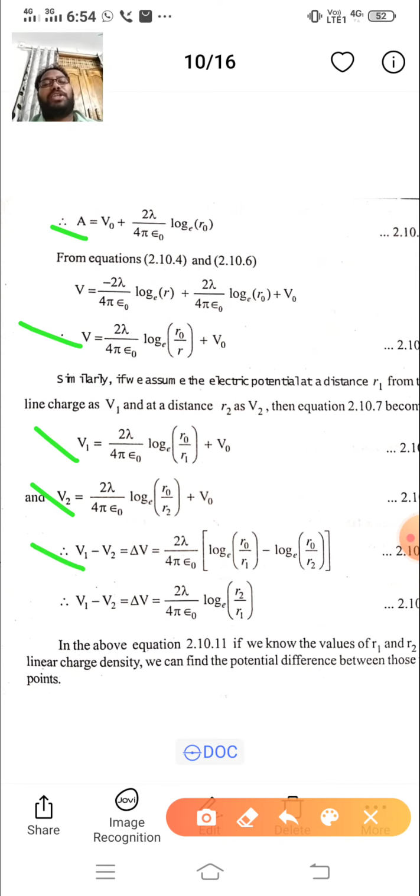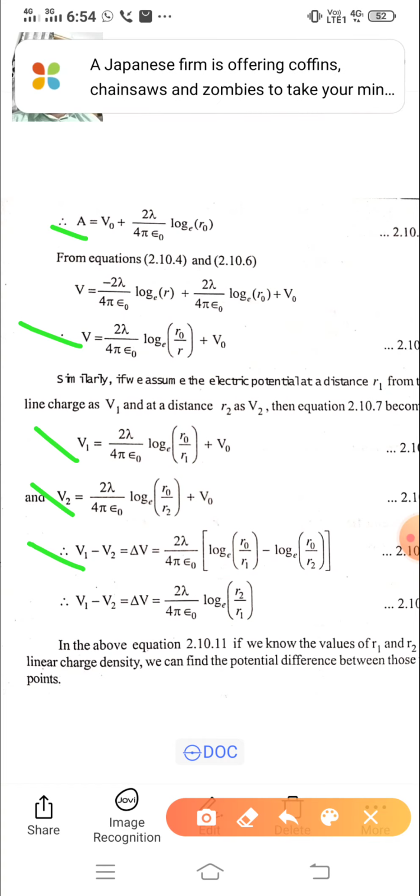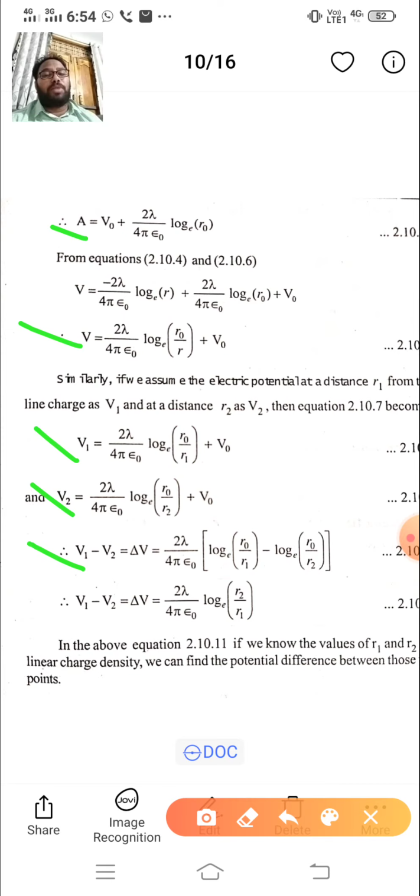Therefore the potential difference V1 minus V2 equals delta V, equals 2 lambda by 4 pi epsilon naught into log R naught by R1 minus log R naught by R2. Simplifying, we get V1 minus V2 equals delta V equals 2 lambda by 4 pi epsilon naught into log to the base e R2 by R1. This equation gives the potential difference of the line charge conductor.